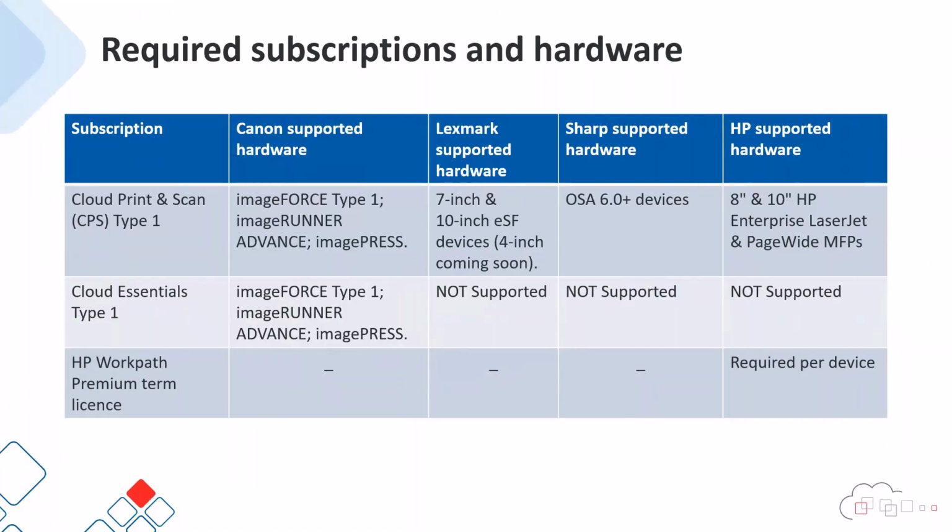As you can see on the slide, each vendor has a defined hardware scope, and those differences are captured in the table. Now, the key point for the HP is that supported devices require a WorkPath premium term license per device, which is shown on the slide. So with that, now let's move into the frequently asked questions, which is a new feature of my webinars.